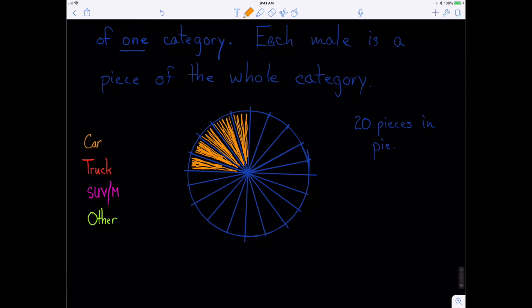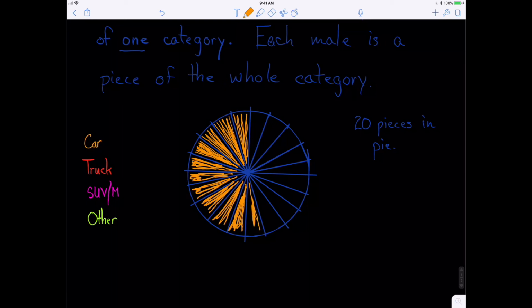So let's see, I have 1, 2, there's 5 pieces. Keep coloring. 6, 7, 8, 9, 10, almost there.